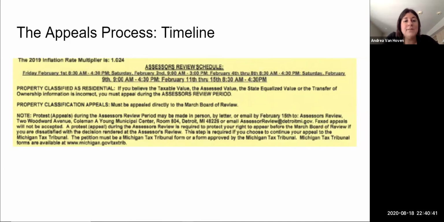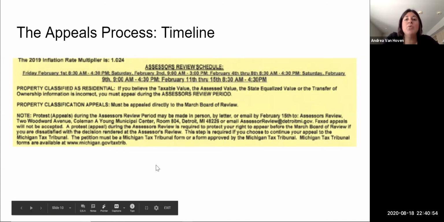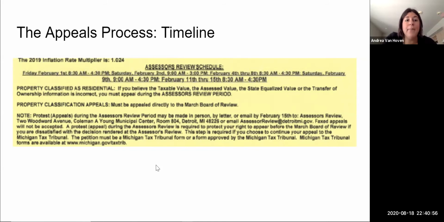Well, no, the mail takes 2 to 3 days, maybe more to get there. Is it still going to be considered received on time? Because as we learned, no, if you mail it, it's not going to be received on time. You have to get it to them by the day, and actually the time stamp of when they're going to close their doors, right? Or by email, by February 15th.